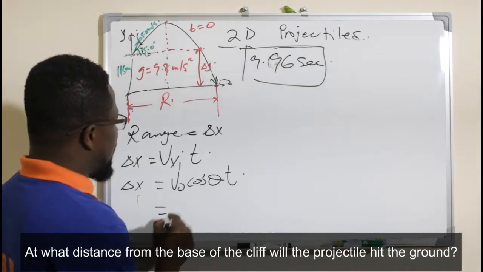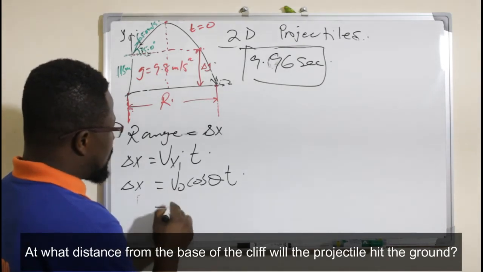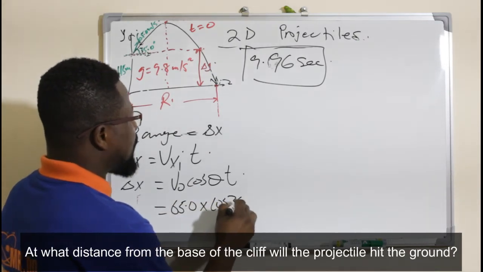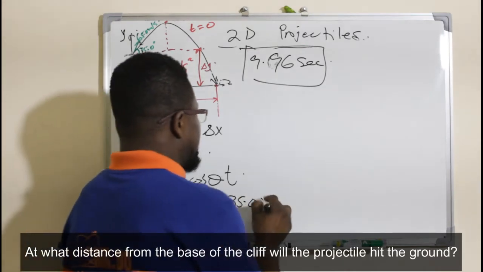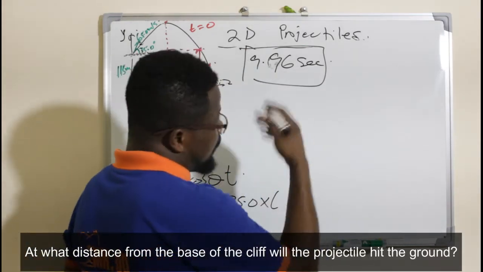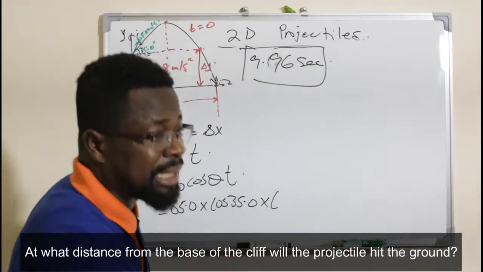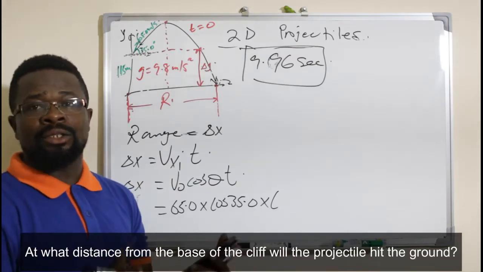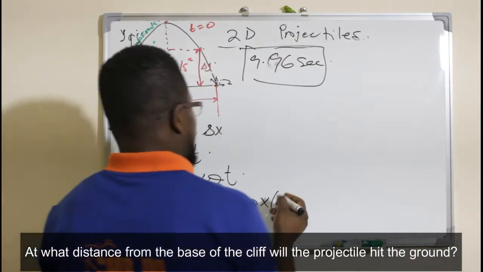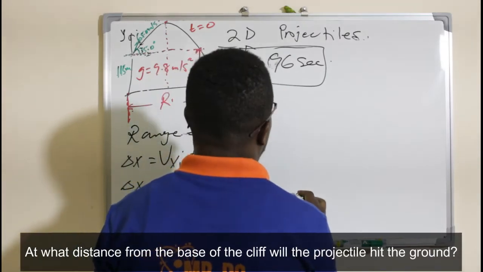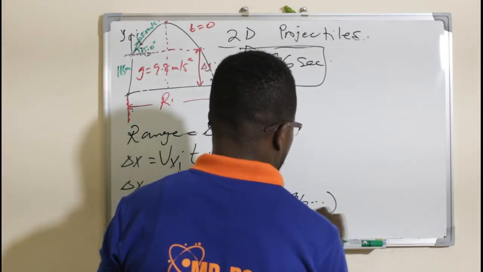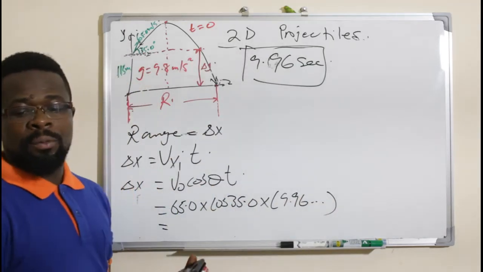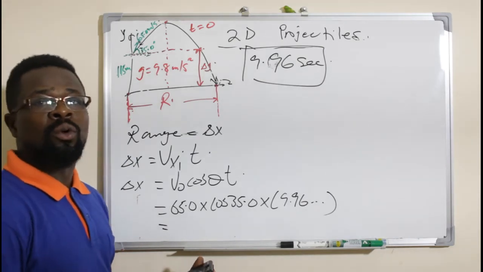So this is straight away going to give me V naught, which is 65.0, multiplied by cos 35.0, and then the time. Right now I know the approximated value that I was having, 9.96, so if I punch that into the calculator and do that calculation, what should I have? We're going to have a value which is what?